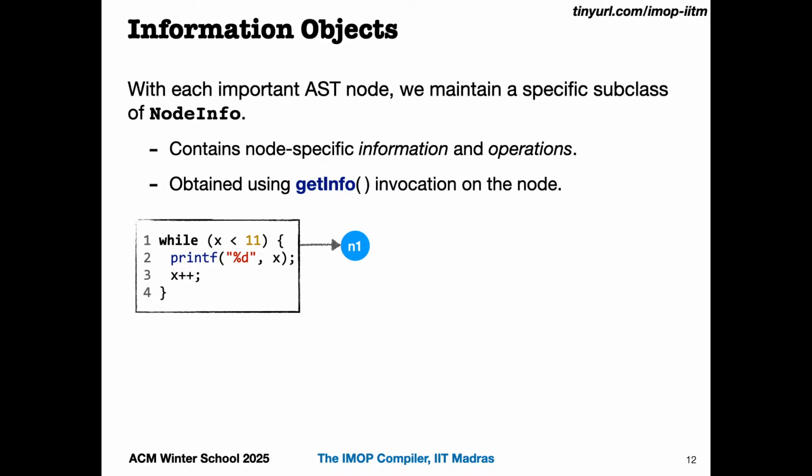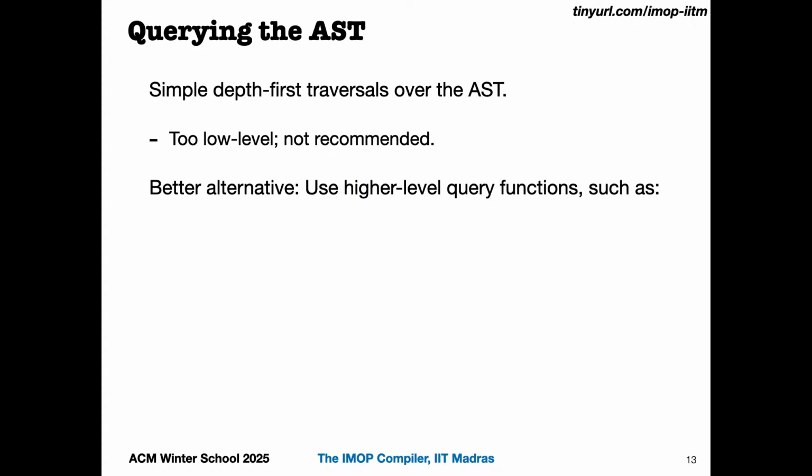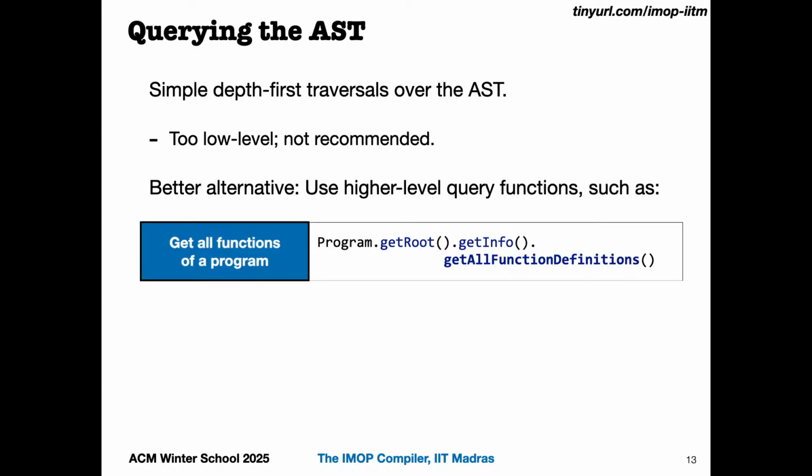Because if I want to do some loop operations, I have to iterate through all the loops, right? Things like that. So, for example, you can do something like this: program.getRoot. This will give the root of the AST. On the root, you do getInfo.getAllFunctionDefinitions. You know what it will do? It will give you a list of all the functions.